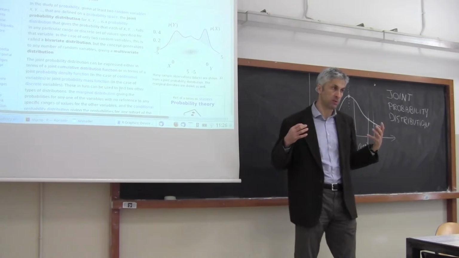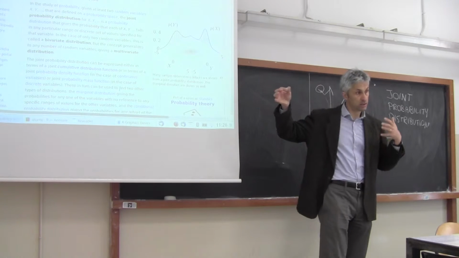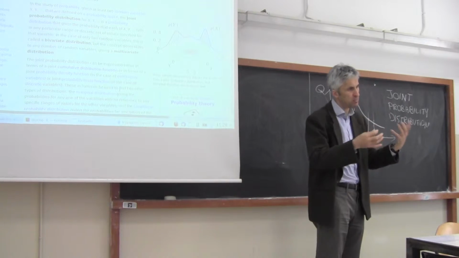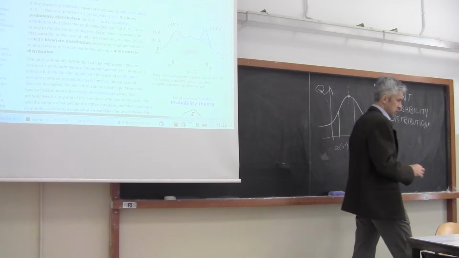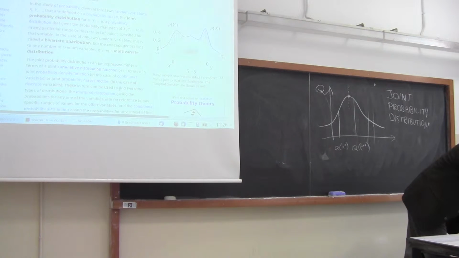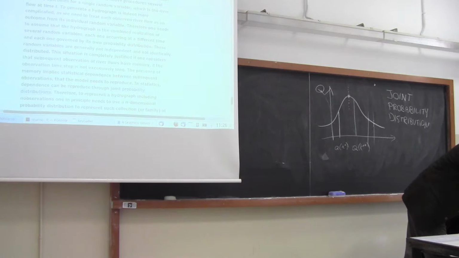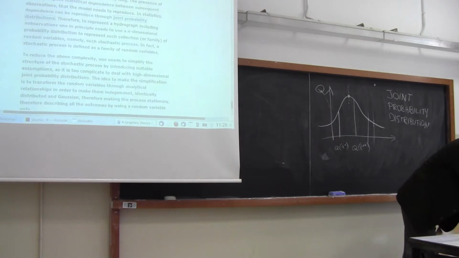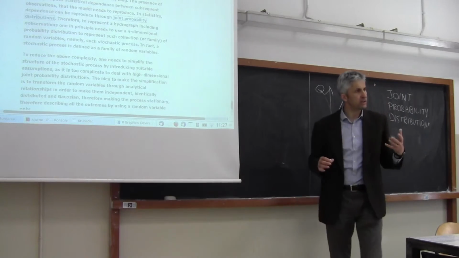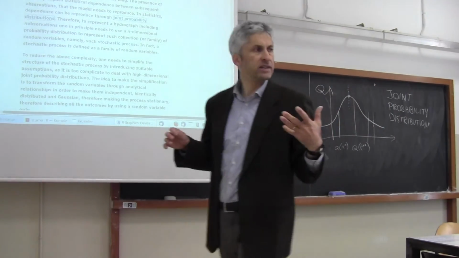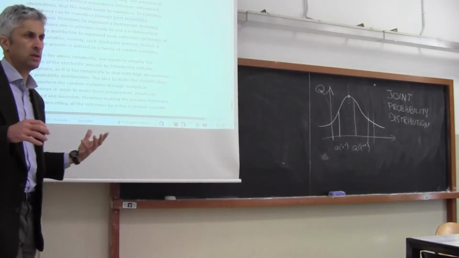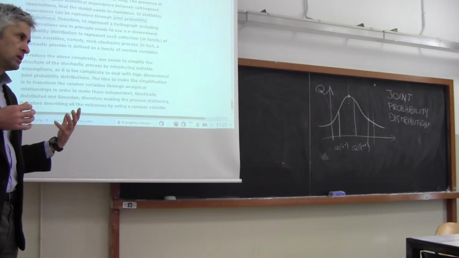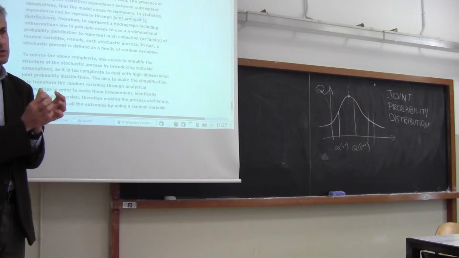It's not in principle a theoretical complication. It's an operational complication. So we understand that we need to simplify this representation in order to reduce the number of random variables that is considered.